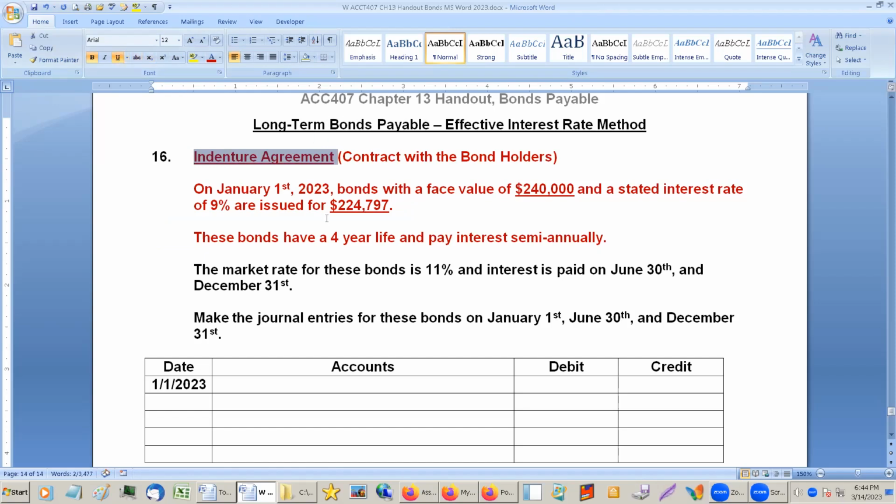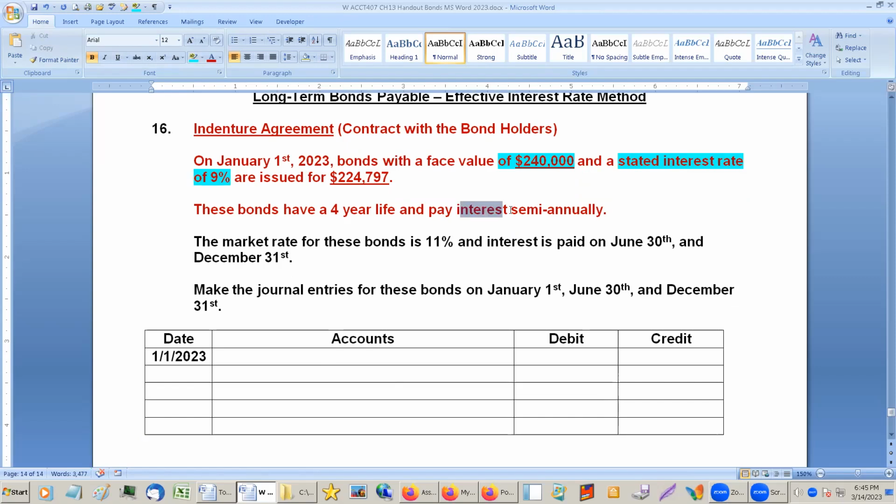And it spells out everything that's going to go on with these bond issues. And it says we have a face value of 240,000. The interest rate on the bonds is the stated rate, contract rate, indenture rate, a few different ways they can say it. 9%, and they pay interest semi-annually.